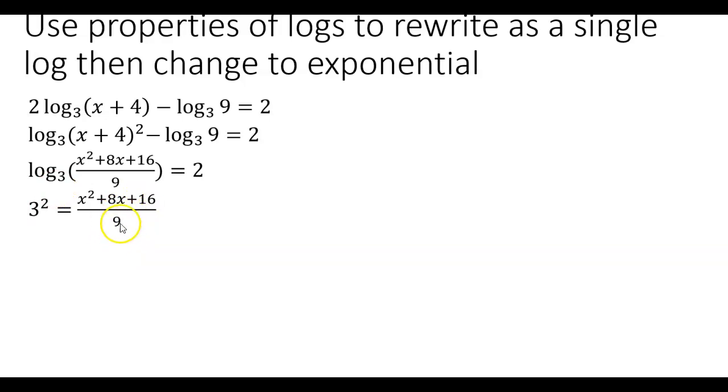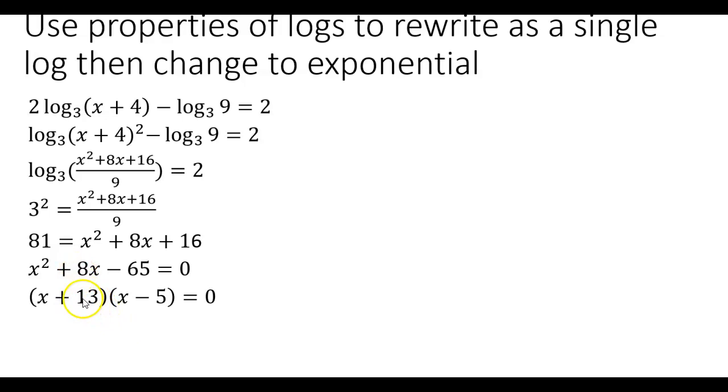I want to get that 9 out of the denominator here, so I can multiply both sides by 9. So 9 times 9 over here is going to be 81. Multiply this side by 9, it'll just cancel out that denominator, leaving me 81 is equal to x squared plus 8x plus 16. And again, we are down to a quadratic. So subtract the 81 from both sides, kind of flip things around, and we need to find two numbers that multiply together to give us a negative 65, and to add together to give us a positive 8.